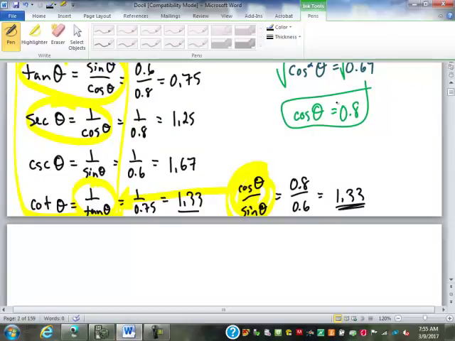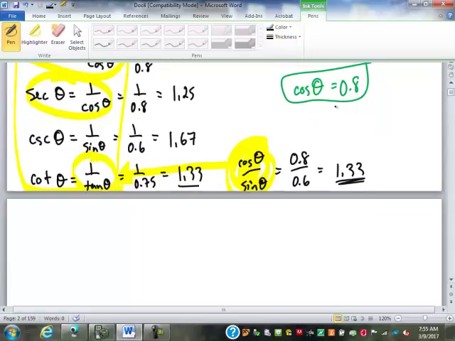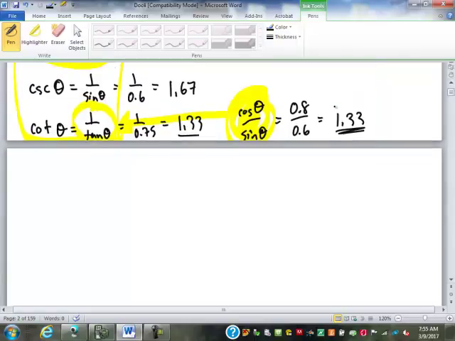So now we need to look at angles that are outside of our standard. Most of these trig functions were designed to work on angles between 0 and 90 degrees. But there are other relationships that we end up with as we go around the unit circle.